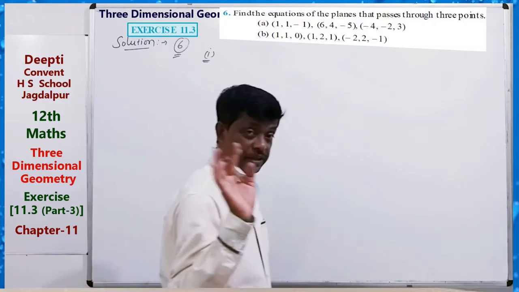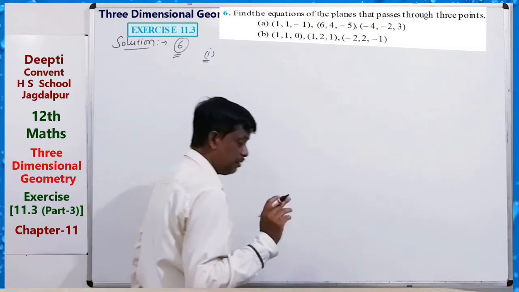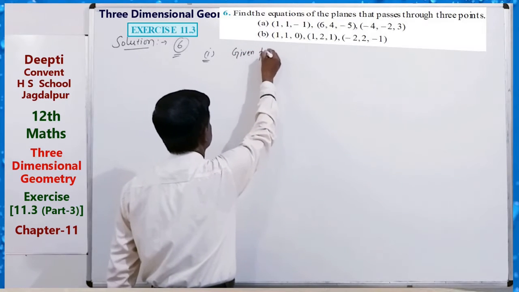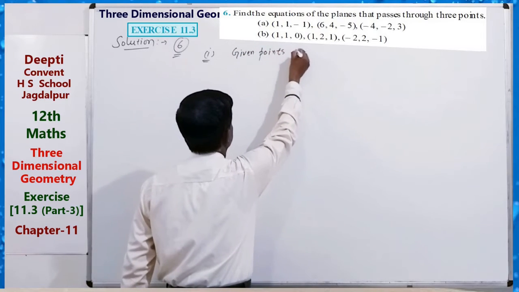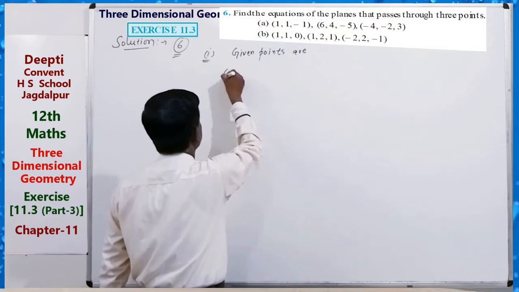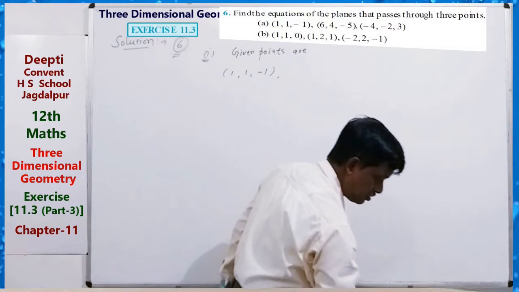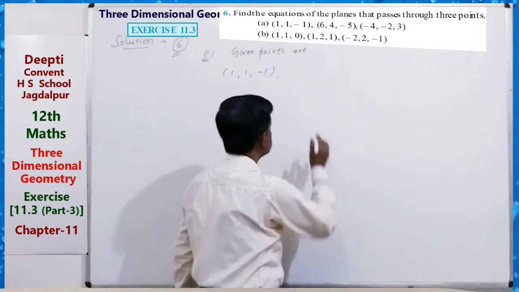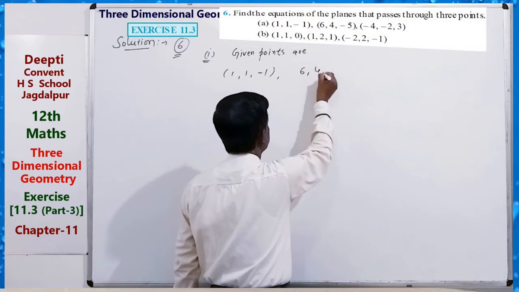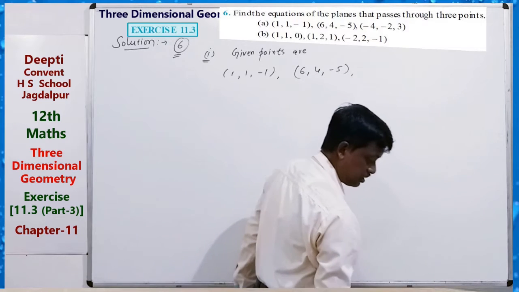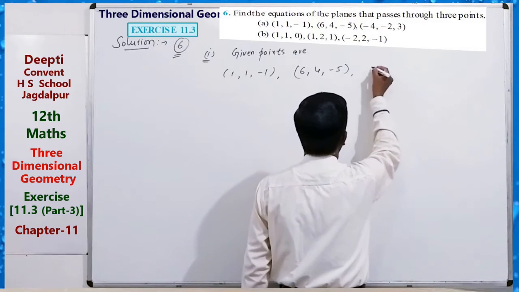So here, in the first question, the given points are A(1, 1, minus 1), B(6, 4, minus 5), and C(minus 4, minus 2, 3).